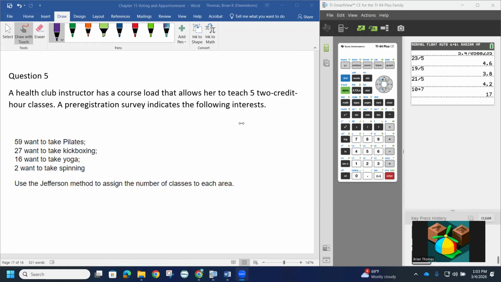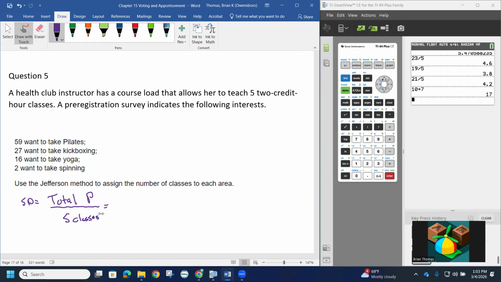Again, in Jefferson's method, we still need to create what's called the standard divisor. To find the standard divisor, we need the total population, so I'm just going to say total P there, and we're going to divide that by five classes. This is going to give us our standard divisor.